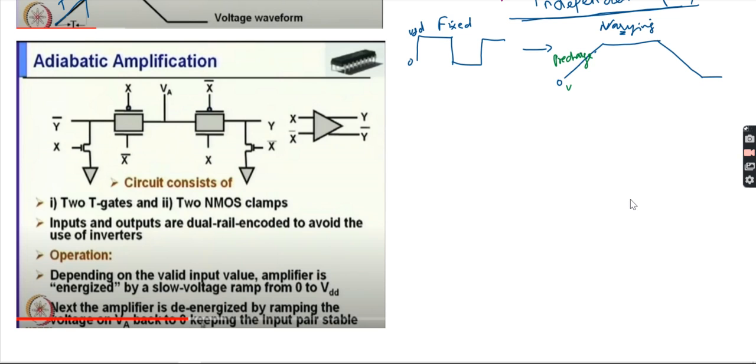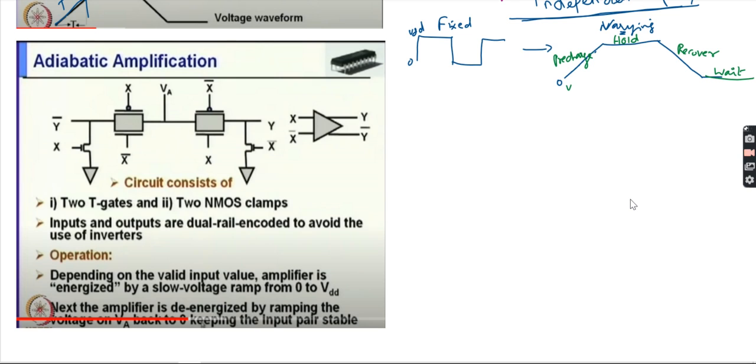During this time it will be pre-charge. Here it will hold. Then during this time it will recover. Then during this time it will wait. This is what happens in the time varying supply.